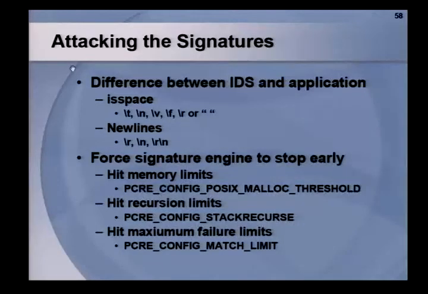And then the other thing you can do is, if they're using something, a number of the public pattern matching APIs have limits. So for example, the example that we gave, attacking PCRE directly, well, a number of the IDSs use things that say, hey, if I had too much recursion, stop processing it and say, okay, it's good, let it through. So how much malloc data are they going to malloc before they say stop processing and go through?